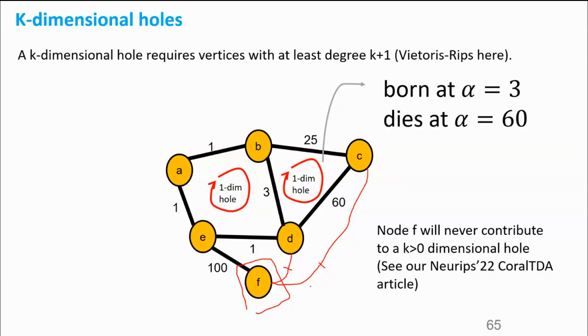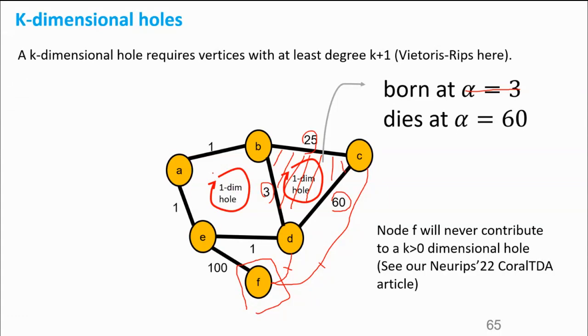So in this case, for example, this one-dimensional hole, this one is connected, this one is connected, and this one is connected. This dies at 60 because this becomes, in a sense, a simplex. When is it born? Well, it's not really born, so I have made a mistake here. What I mean is that this triangle becomes a simplex when the threshold is 60.